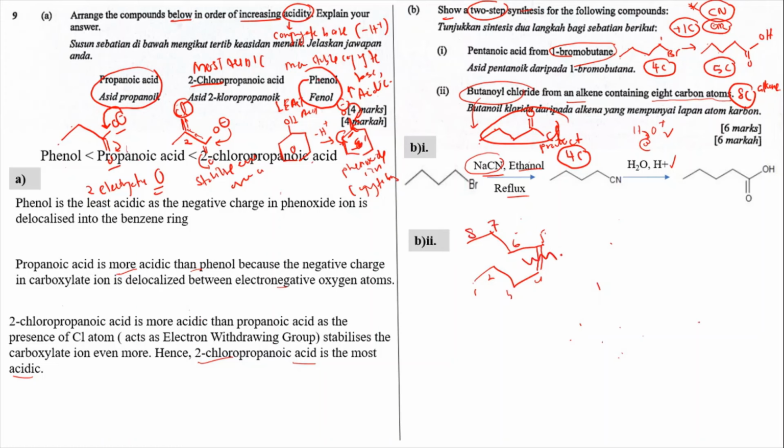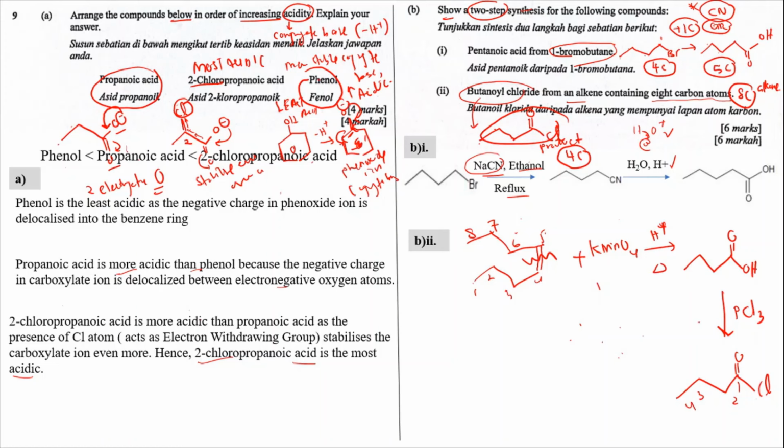And then we're going to cleave the bond here using KMnO4 in H+ at high temperature so that we can get carboxylic acid. From the carboxylic acid, we can use PCl3 or PCl5 or SOCl2 in pyridine in order to produce our butanoyl chloride. Butanoyl chloride has 4 carbons and is attached to chlorine.